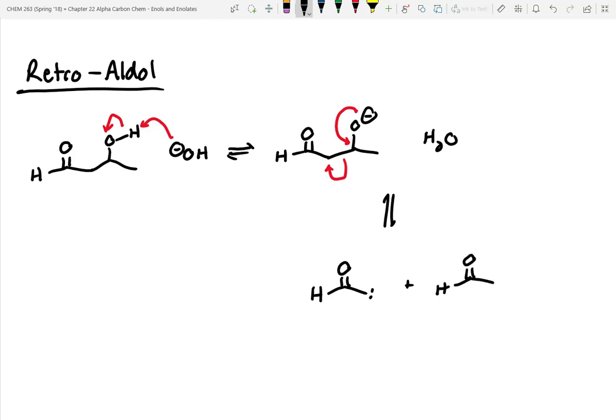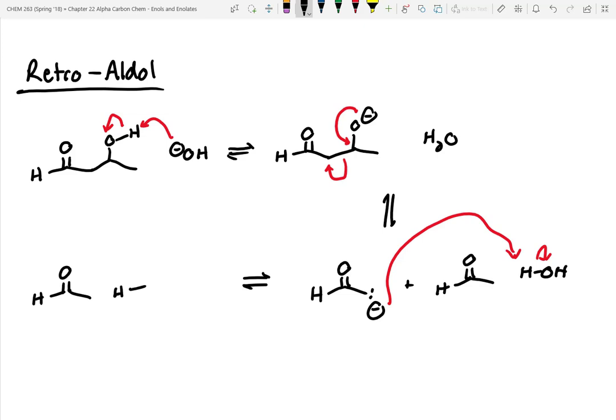So we're splitting this in two, and we still have that water floating around. So if you have that water floating around, this can grab a proton back from water, give you your two aldehydes, which in this case we know are identical, plus your hydroxide.